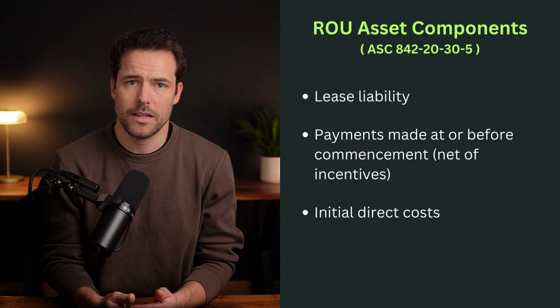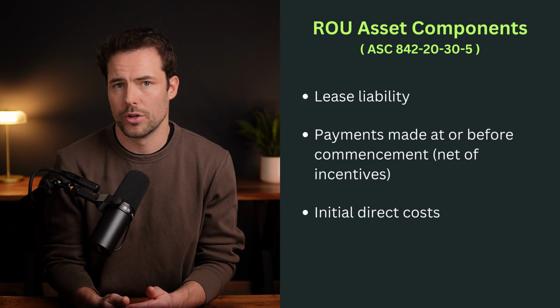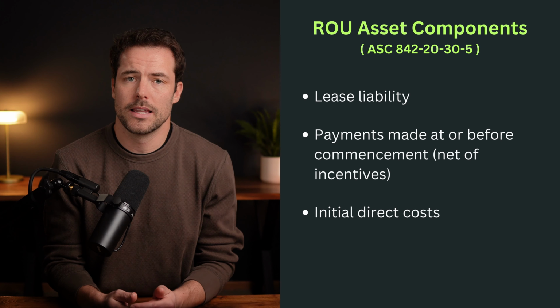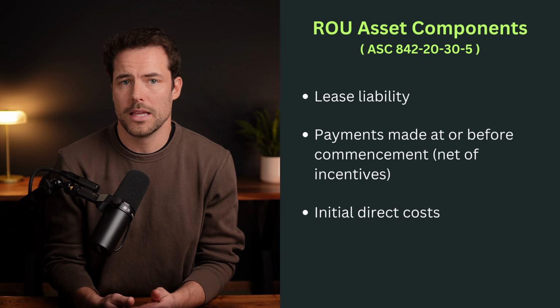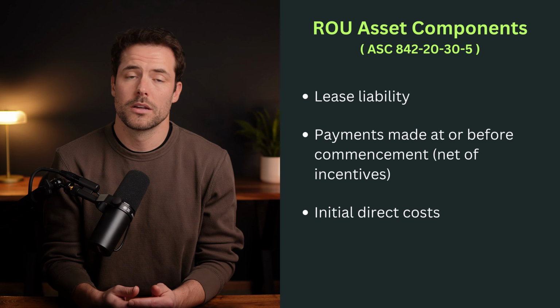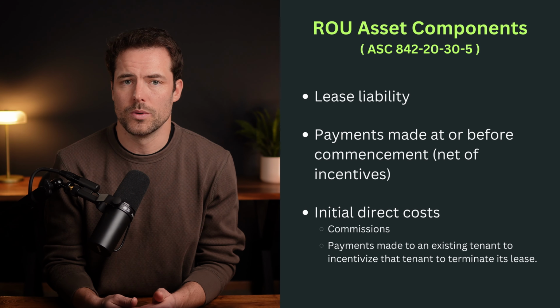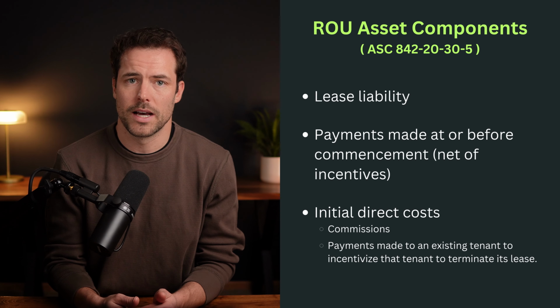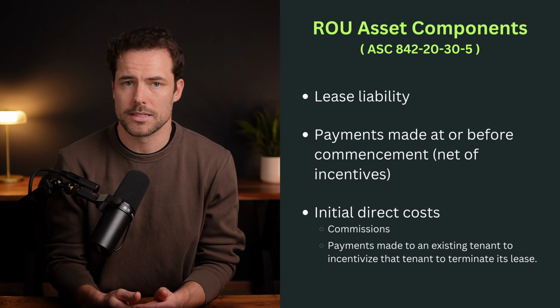And paragraph 842.10.30.9 states that initial direct costs may include, for example, commissions or payments made to an existing tenant to incentivize that tenant to terminate its lease. In our example, we do have initial direct costs, the $10,000 commission we paid to the broker.